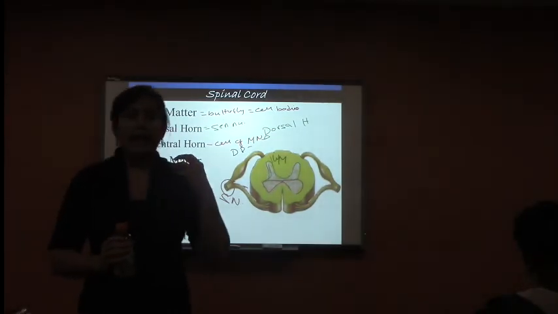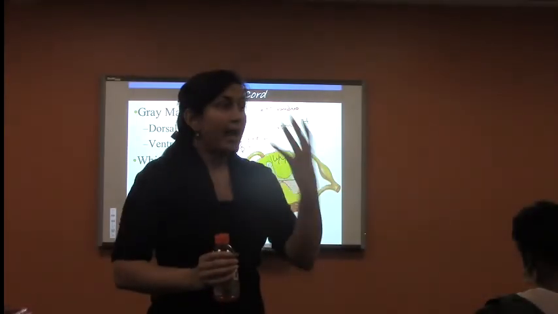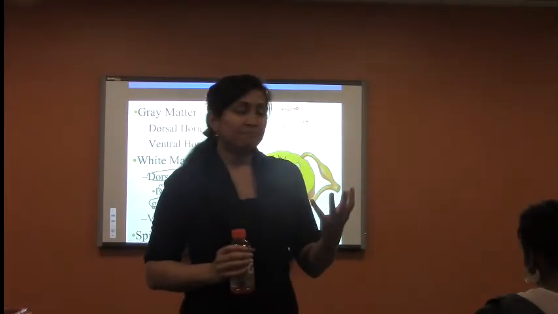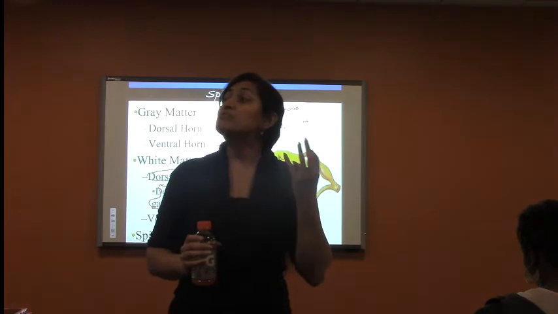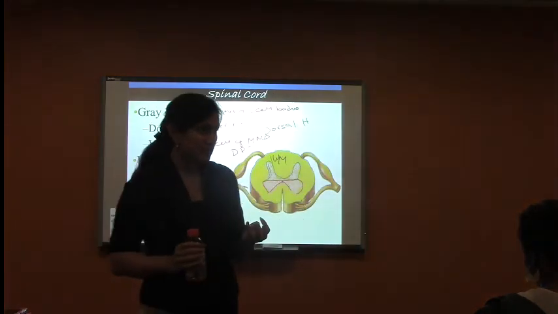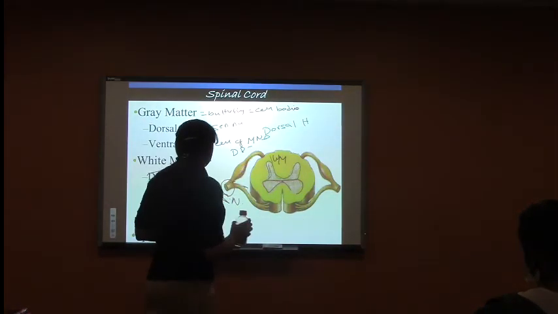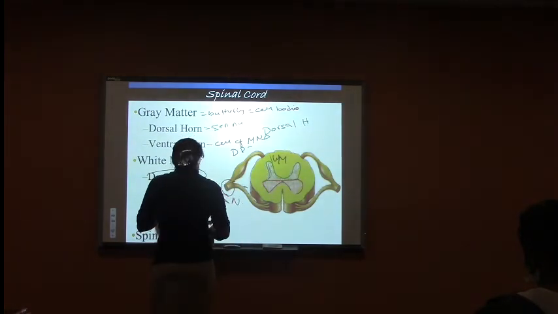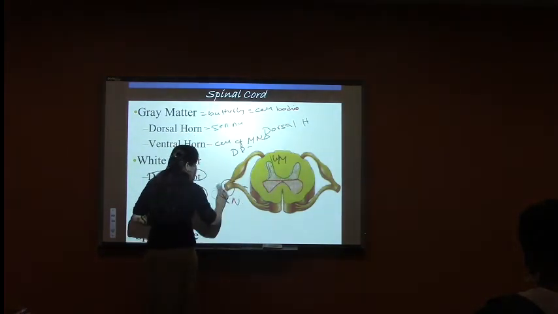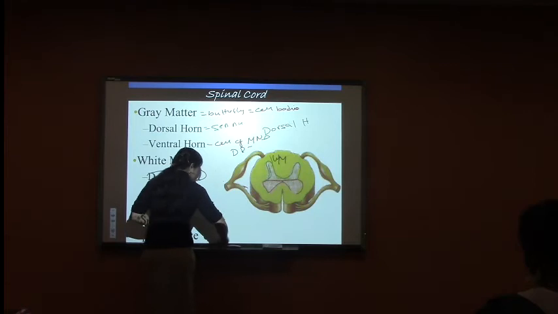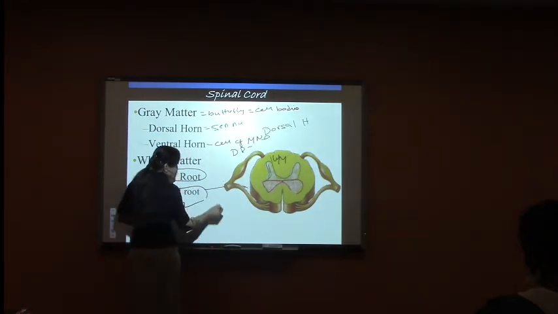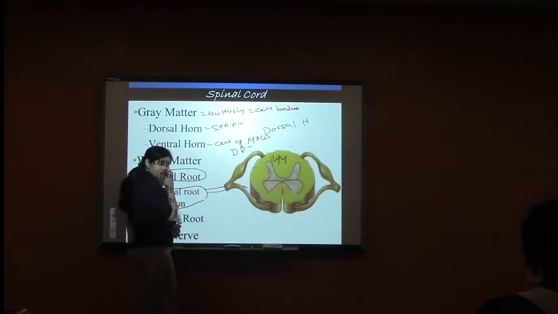So spinal nerve has axons of both types of neurons. It has motor fibers as well as sensory fibers. Does that make sense? So it has sensory fibers as well as it has motor fibers.